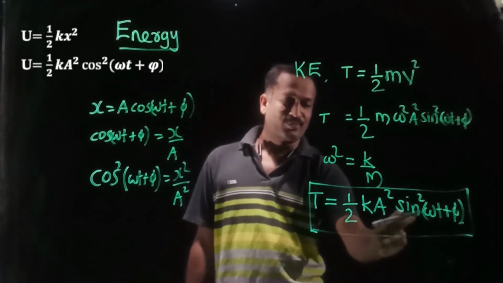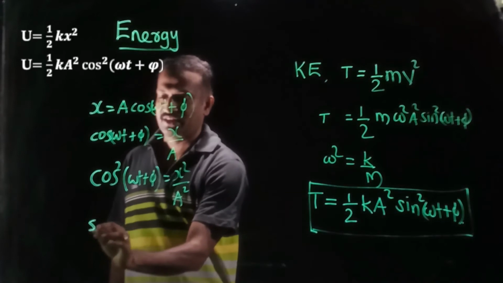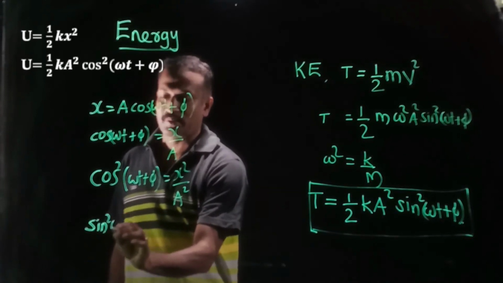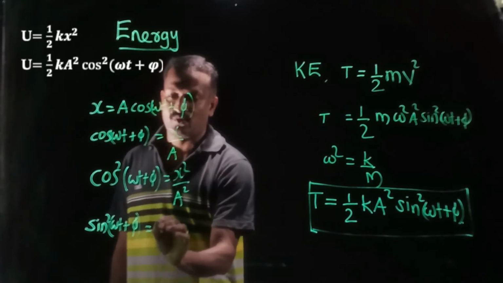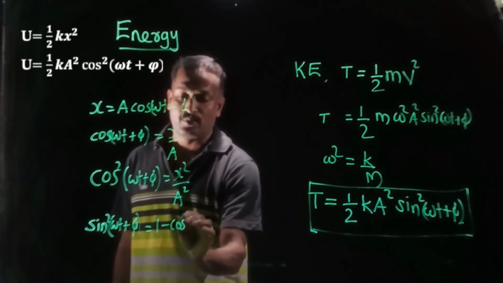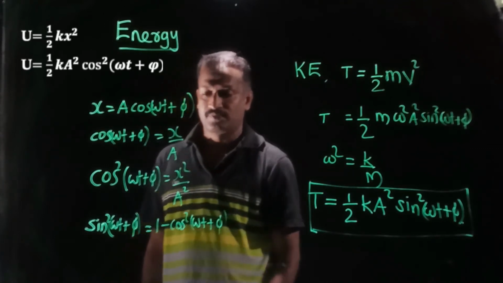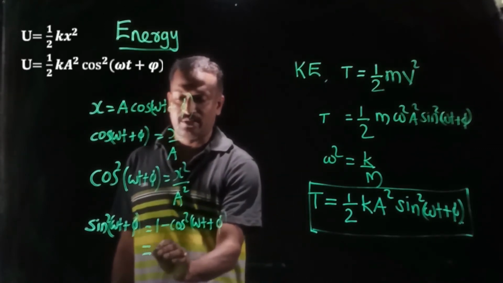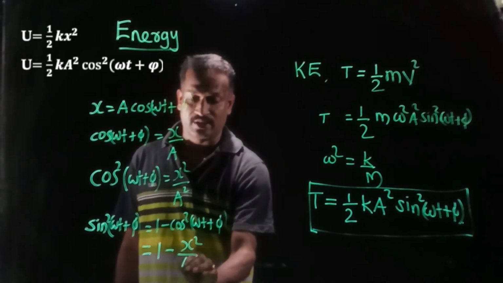And sin square(omega t plus phi) we can write as 1 minus cos square(omega t plus phi). That is, sin square(omega t plus phi) can be written as 1 minus x square by a square.